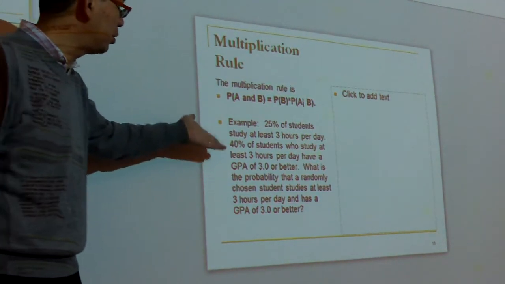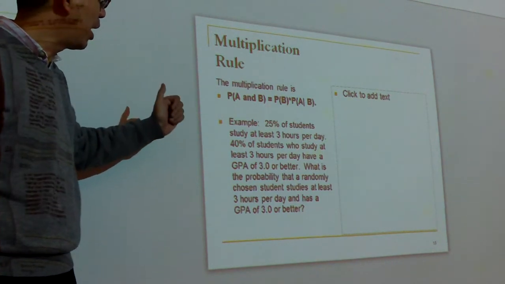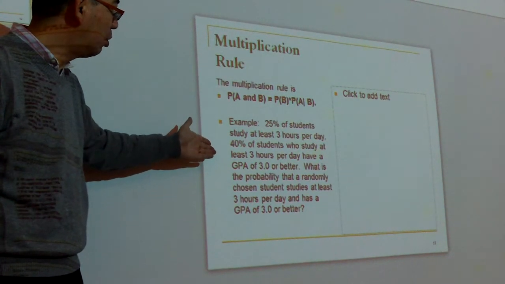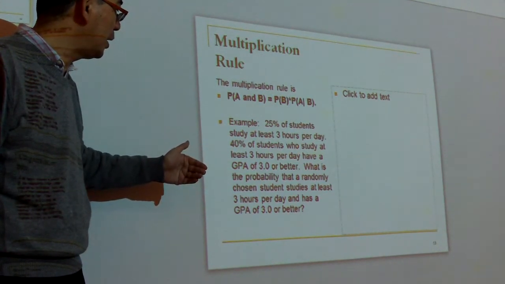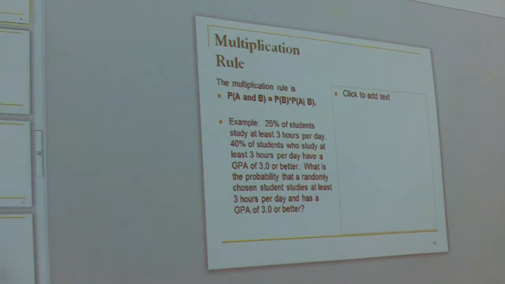Okay, 25% of students studied at least 3 hours per day, and we also know 40% of students who studied at least 3 hours per day have a GPA of 3.0 or better. What's the probability that a randomly chosen student studies at least 3 hours per day and has a GPA of 3.0 or better? Did we do that problem? I forgot. No? Okay. Good. Let's do this problem now. I think everybody can do it. It's not that difficult, but I want to go through that example here.